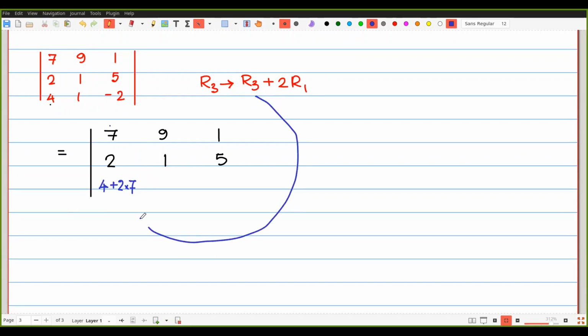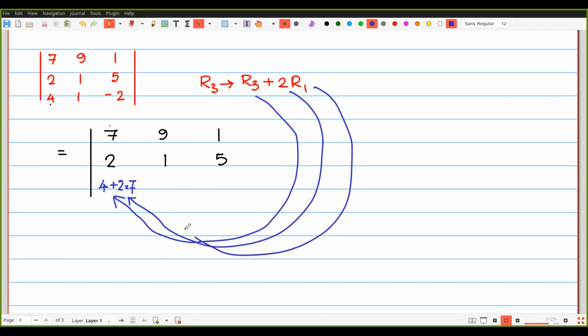Suppose we have done that: row 3, then the 2, then the 7. Okay, next one. Suppose we have row 3, so the element was 1, plus 2 into row 1, that is 9.